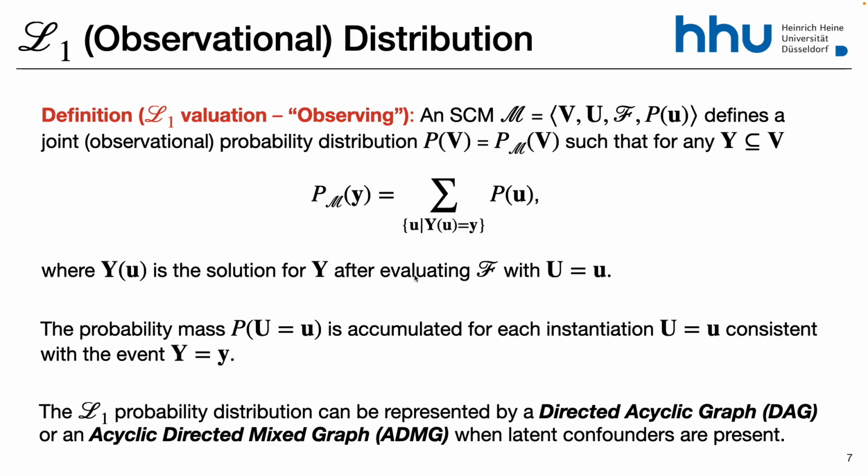Sometimes when we have latent confounding, we can use a different type of graph, called an acyclic directed mixed graph. It's not only acyclic and directed, but mixed because there are directed edges and dashed bidirected edges. That's why it's mixed. So it's just a name, but it's just a graph.